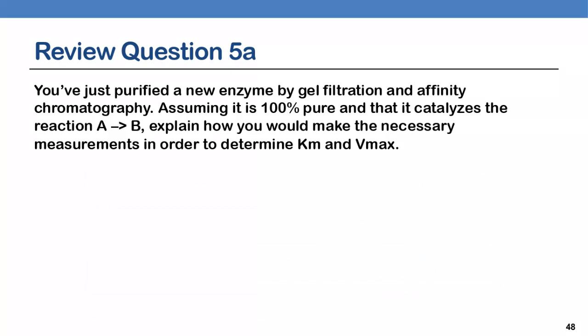Okay. You just purified a new enzyme by gel filtration and affinity chromatography, assuming it's 100% pure. How can you determine the Km and the Vmax, to look at the reaction of A to B?